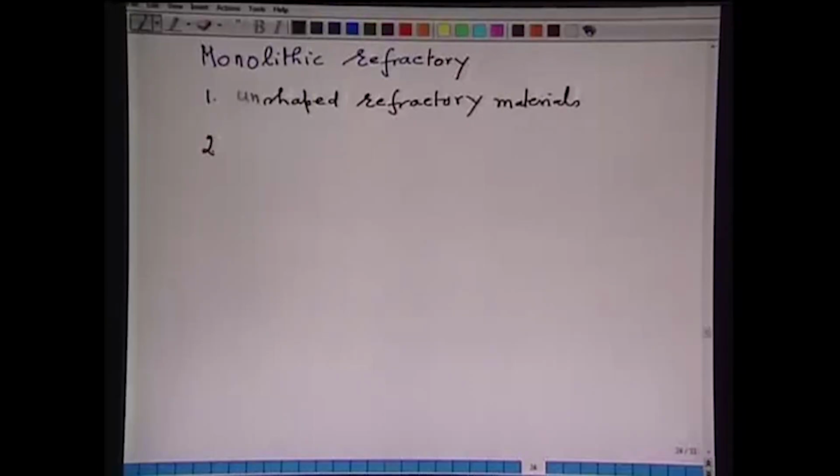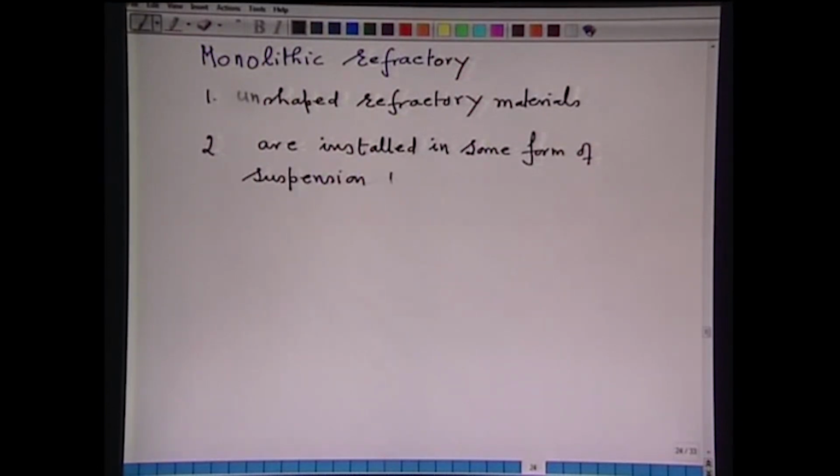Second, these materials are installed in some form of suspension that ultimately hardens to form a solid mass.